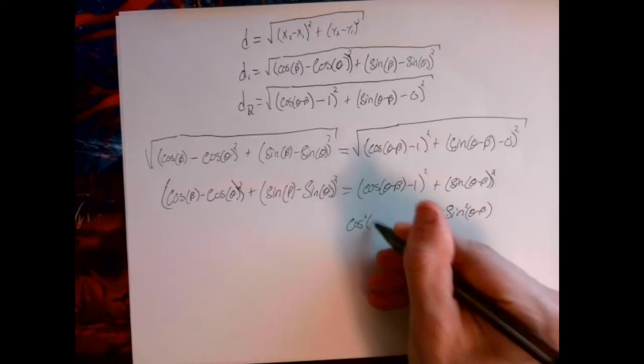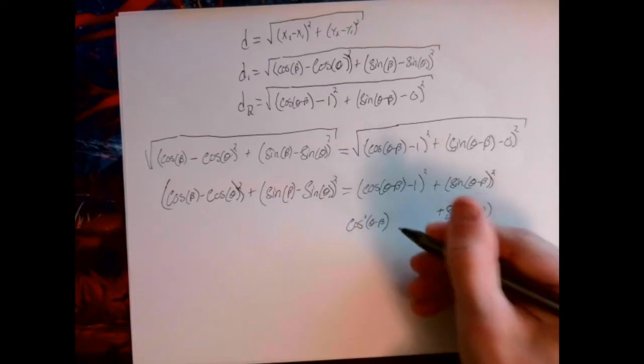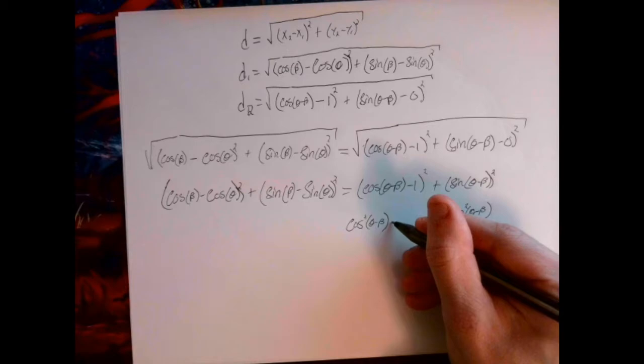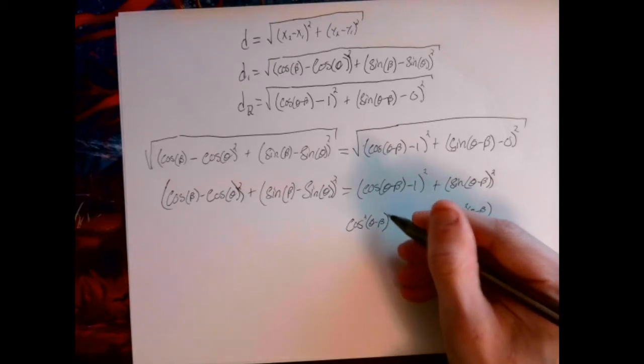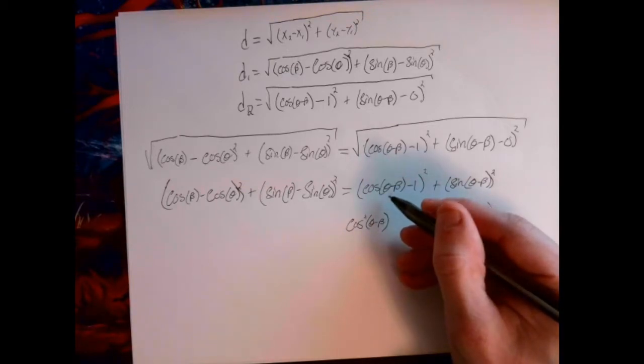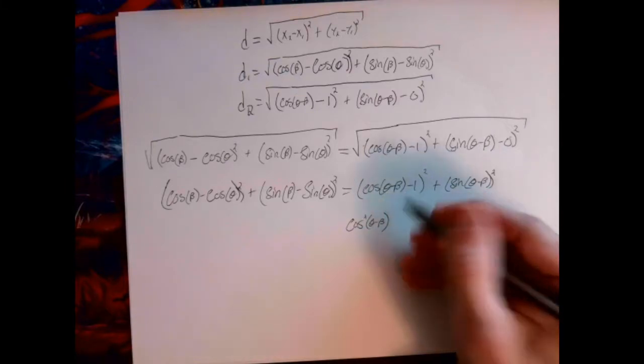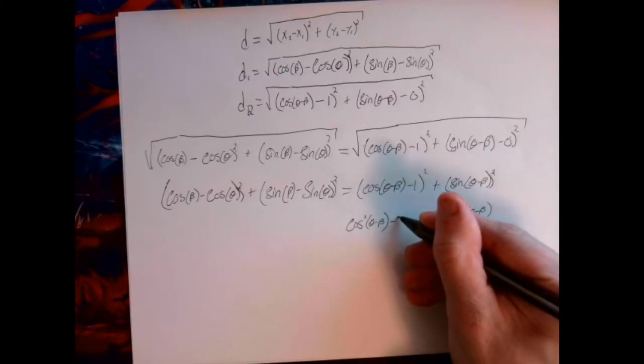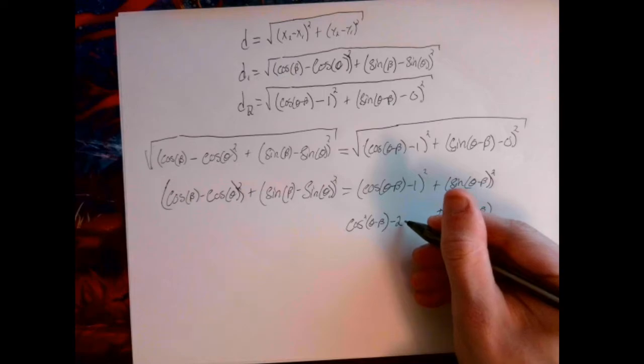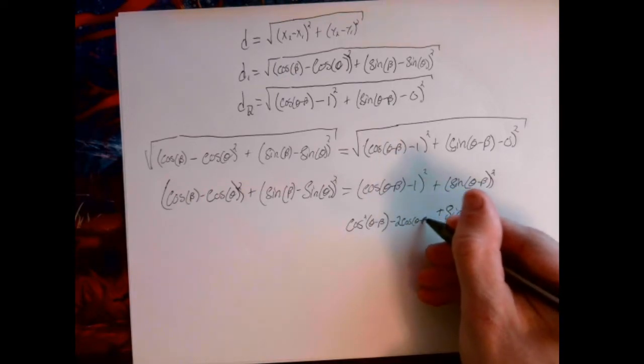cosine squared of theta minus beta, and then if we multiplied this way, we would get negative 2 cosine of theta minus beta.